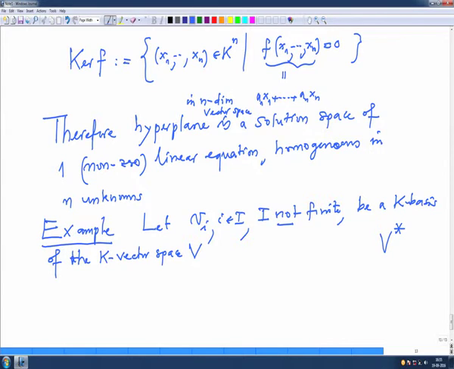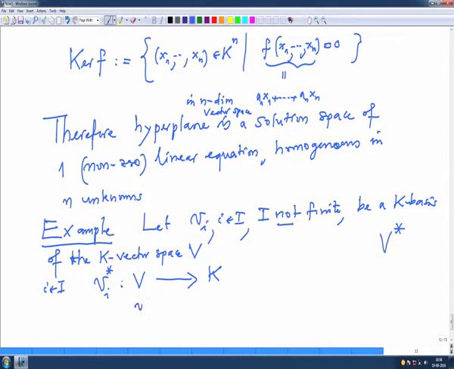So, first of all note that if I have a basis, then I definitely have the coordinate functions v_i star. The v_i star are defined; they are linear forms on V for each i in I. The definition is the same.